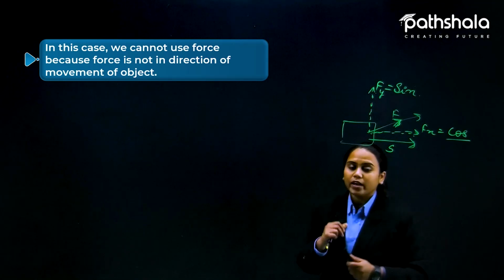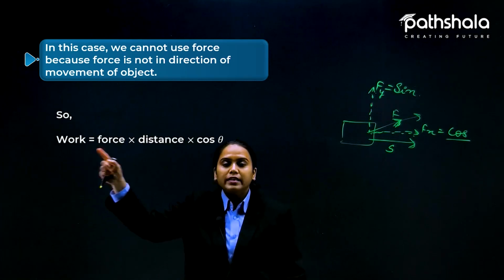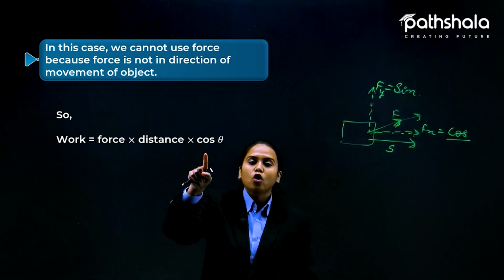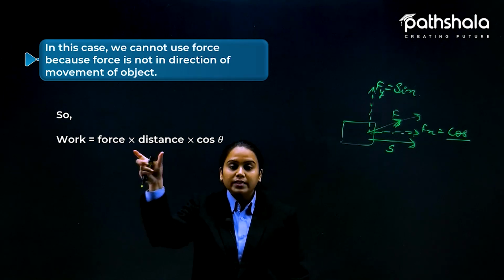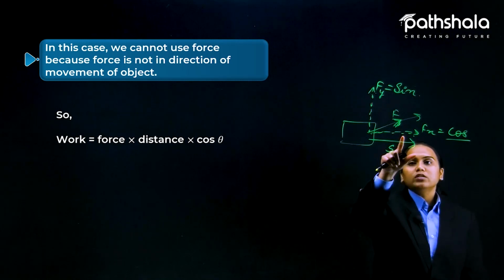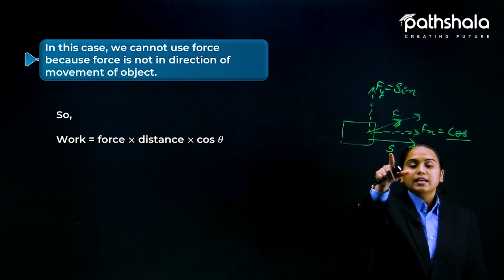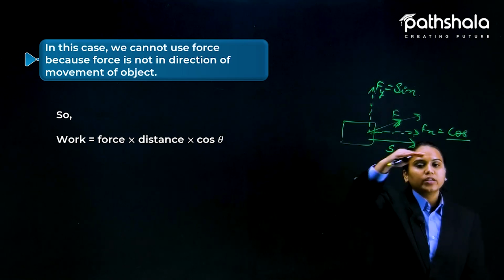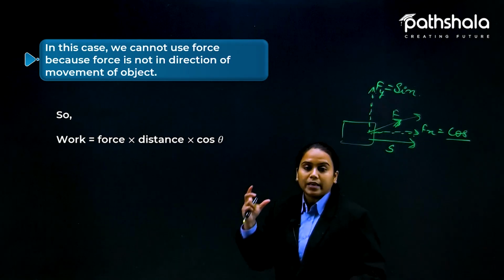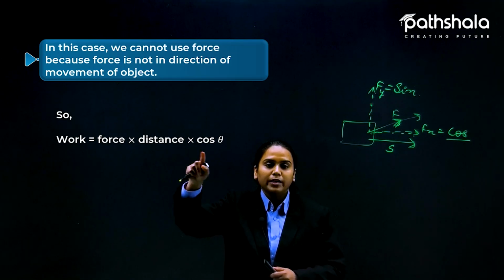So we can say work is equal to force multiplied by cos theta, because theta here is between the force and the direction of motion, that is s. So work equals force multiplied by distance multiplied by cos theta.